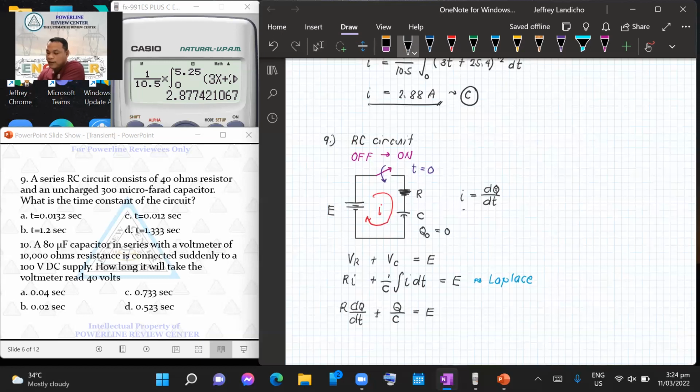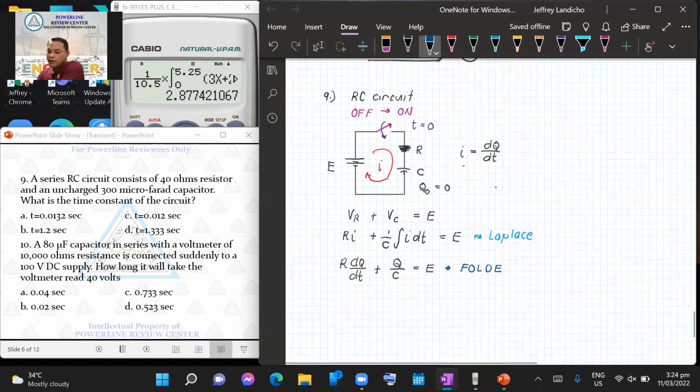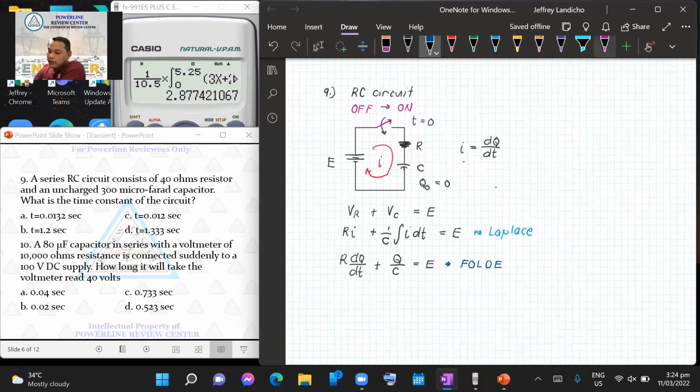E. So at this case, pwede mo na ulit isolve ito ng differential equation. So again, you may compute this one in terms of what? Paul DE. So ano naman ang ating variable dyan? Ang variable naman natin dyan, yung y sa Paul DE represents the charge of our capacitor at any given time, and x represents the time elapsed simula nung i-close natin yung switch.